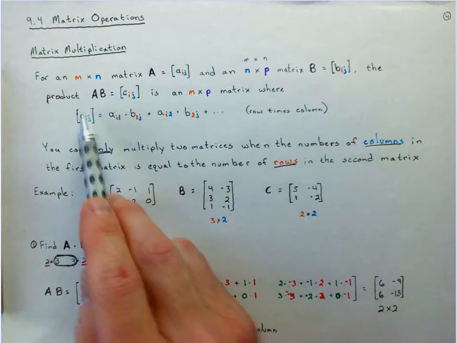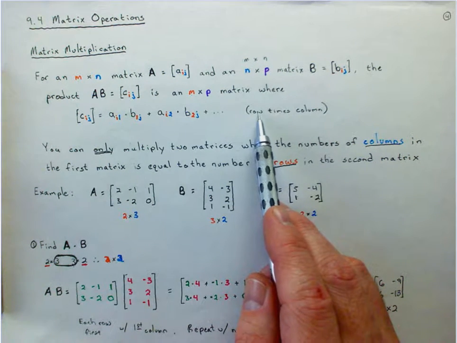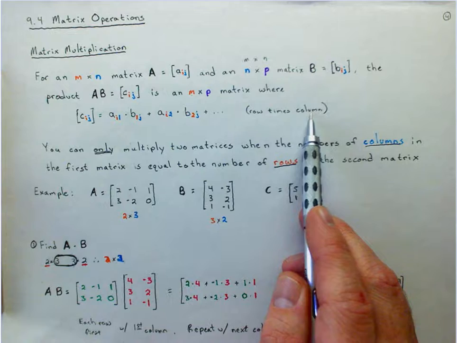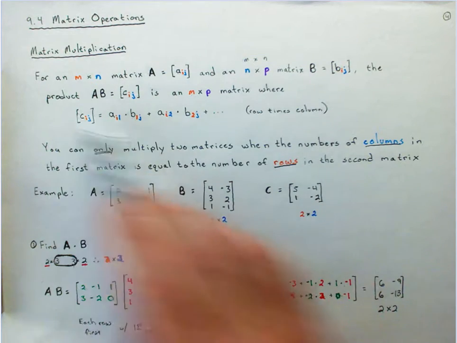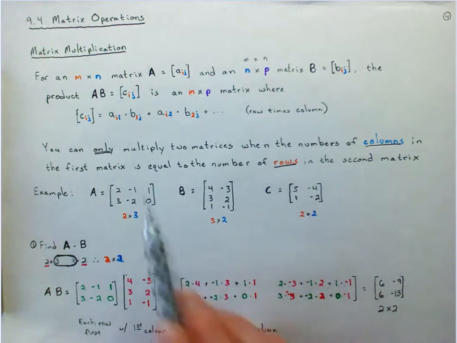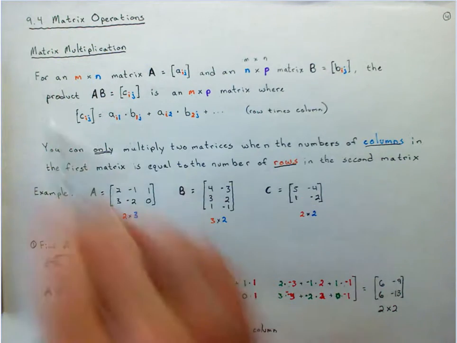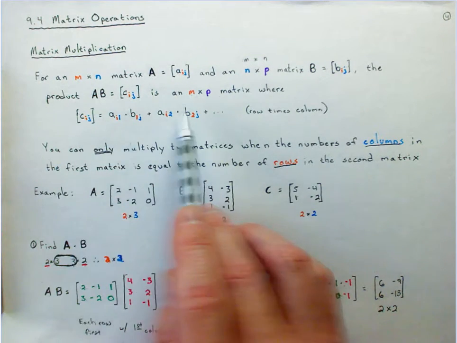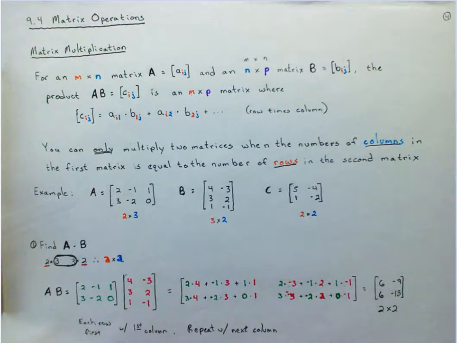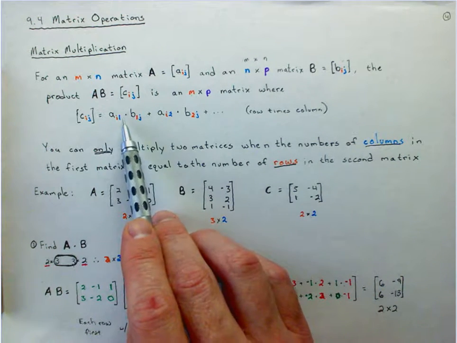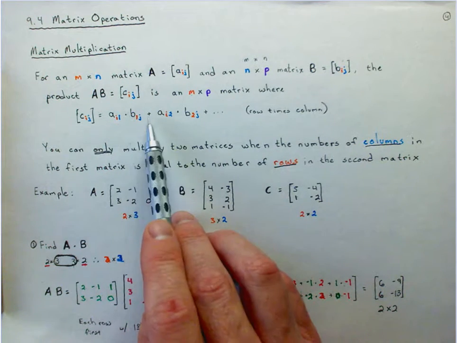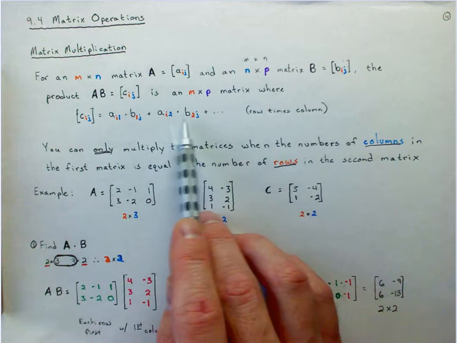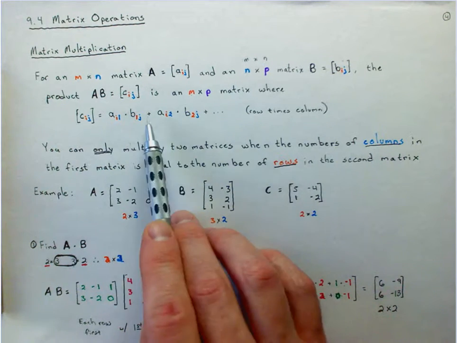What this is saying is that I'm multiplying the row times the column. It's difficult to see this until we do an example, but this is the definition. This part can get confusing, but we're going to multiply two numbers together and then add it to the product of two numbers. So multiply, multiply, add together.